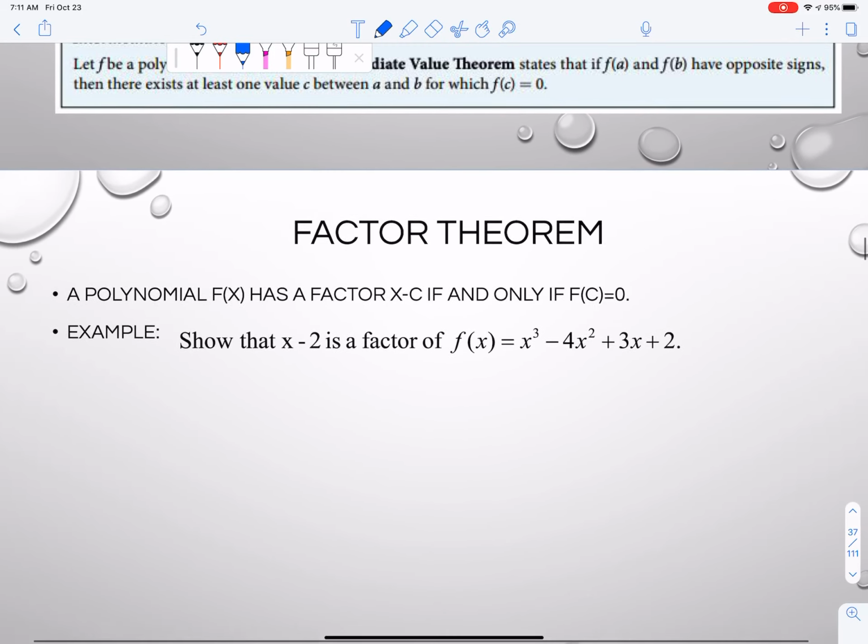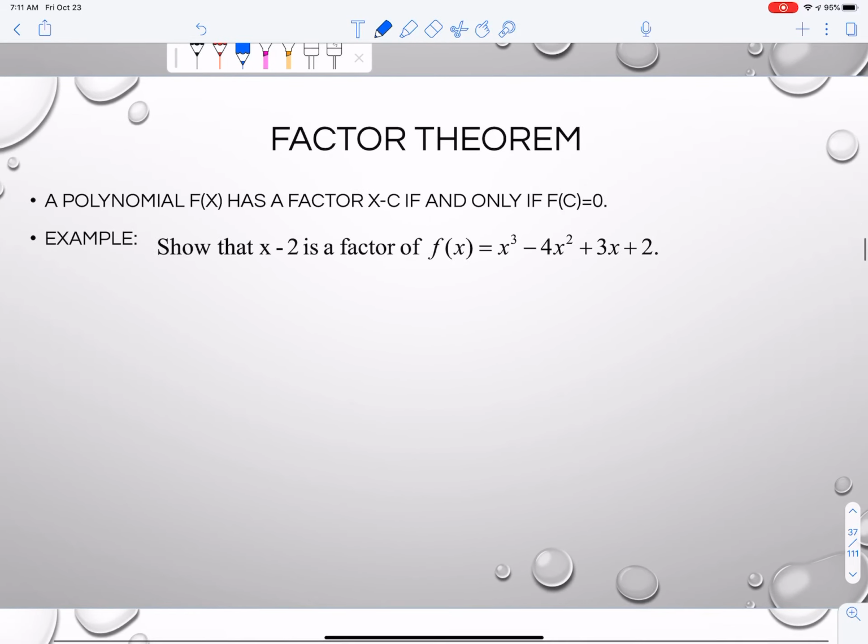Now, I said there was another theorem we were going to talk about, where the remainder theorem is really useful, and it is the factor theorem. A polynomial f of x has a factor of x minus c if and only if f of c equals 0.